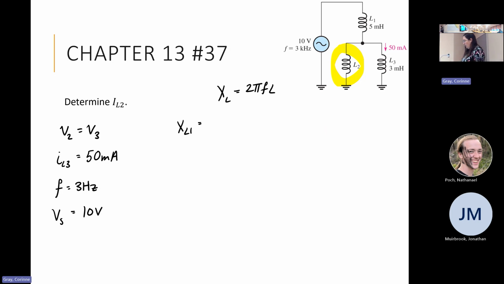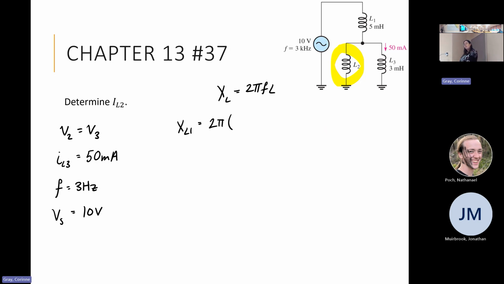So we can do this for L1, we'll have 2 pi. Let's talk about units here really quick. I have kilohertz and I have millihenry. So kilohertz is 10 to the what? Okay, and then milli is still 10 to the -3 from earlier. So 10 to the 3 times 10 to the -3 becomes what? Yeah, they'll cancel out.